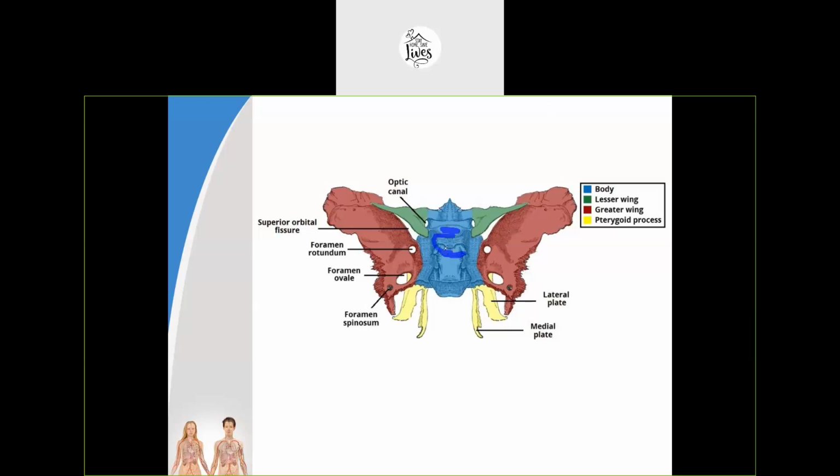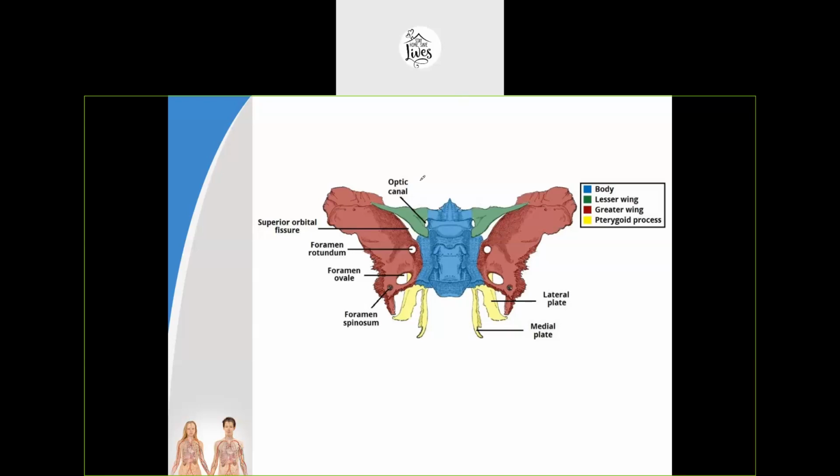And in between, we have the fossa, and this fossa is called the hypophyseal fossa because it holds the pituitary gland that is also called the hypophysis. Within this sphenoid bone body, it contains the sphenoid sinuses. Again, the sinuses are air-filled cavities found within the bone. This was about the body of the sphenoid bone.